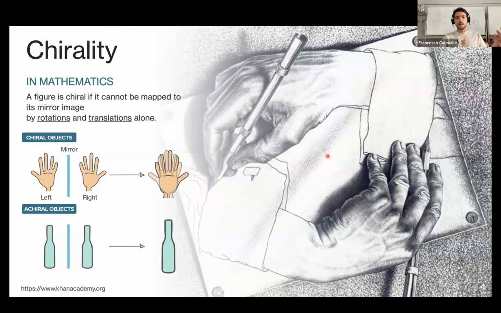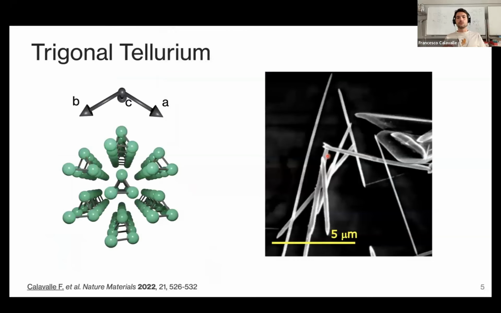So to study this, we decided to take the simplest material we could think of that has a chiral structure, and in this case, we used trigonal tellurium. Tellurium is a narrow bandgap semiconductor, formed by one-dimensional helical chains, which wind around the chiral axis clockwise or anti-clockwise, and are kept together by van der Waals forces.